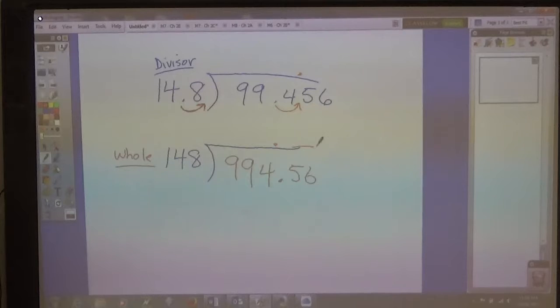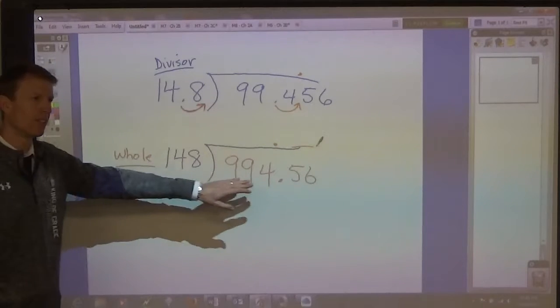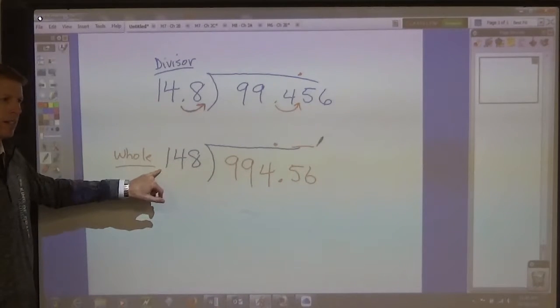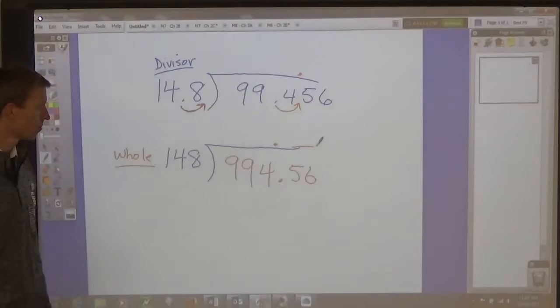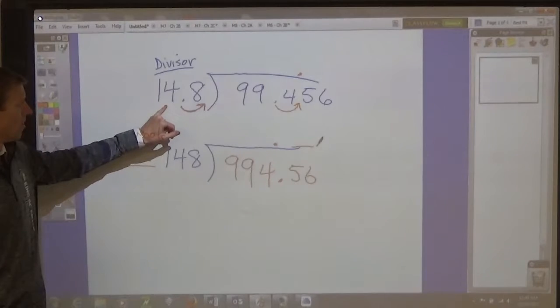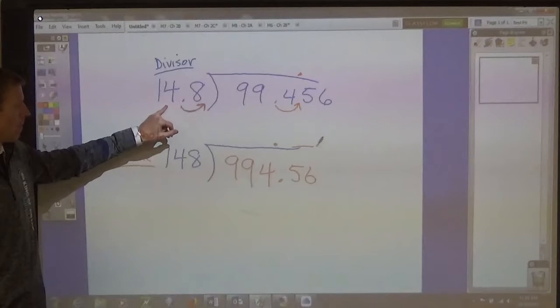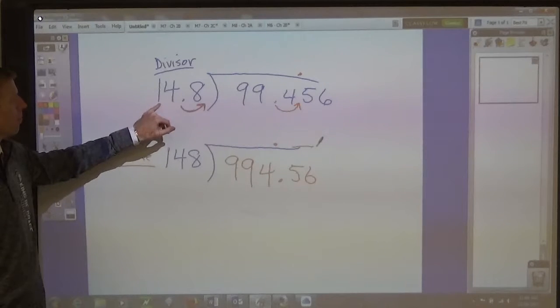Matt? Why does it have to be a whole number? So that it's easier to divide. It'll make it easier to divide if it's a whole number, because 14 into 99, that's easier than saying 148 into 994.